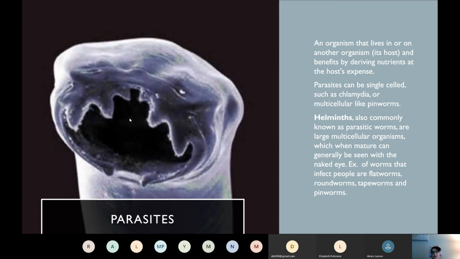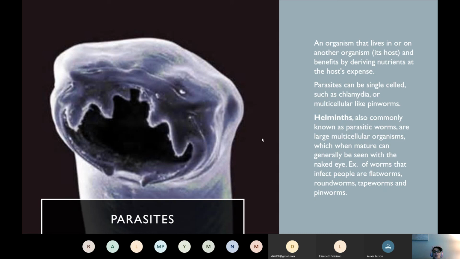Now, one of the things that a lot of people don't know is that chlamydia is actually a parasite. So if you ever had chlamydia, you actually had a parasite. Pinworms are parasites.